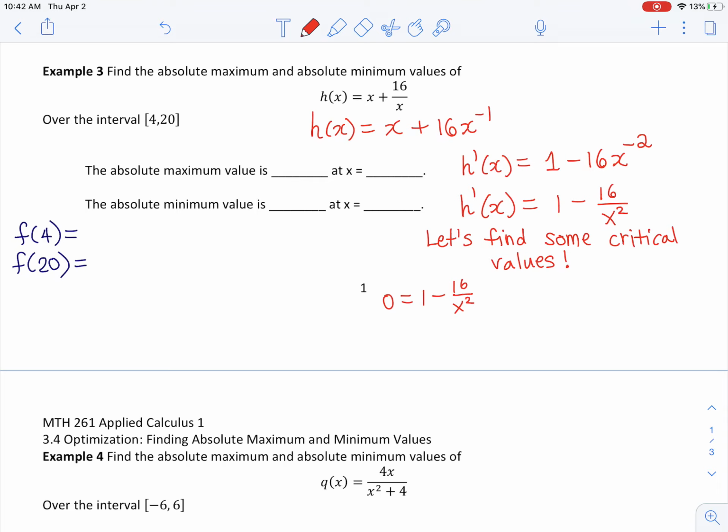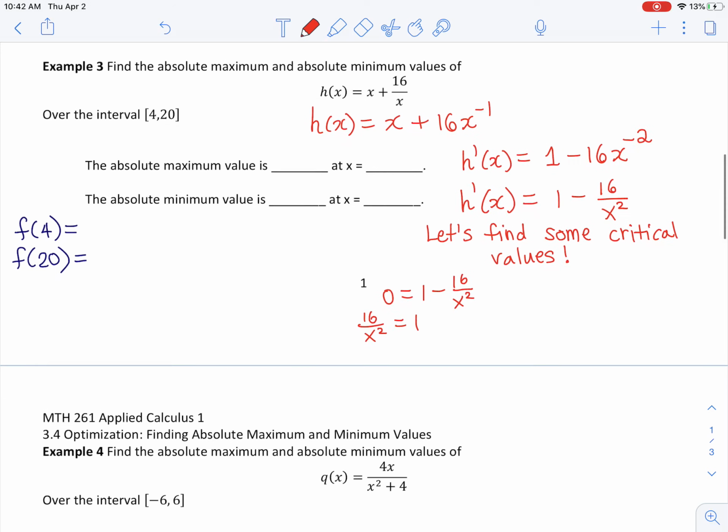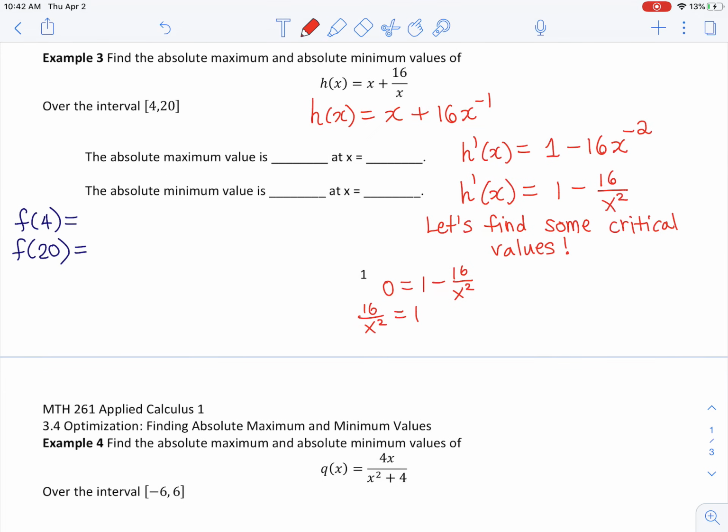So first, I'm going to set it equal to 0 and solve for any critical values that I have. Now look, this will turn into 0 if 16 over x squared is equal to 1, right? 16 over x squared is equal to 1 if the denominator is 16, because the only way to get a 1 is if you divide something by itself.